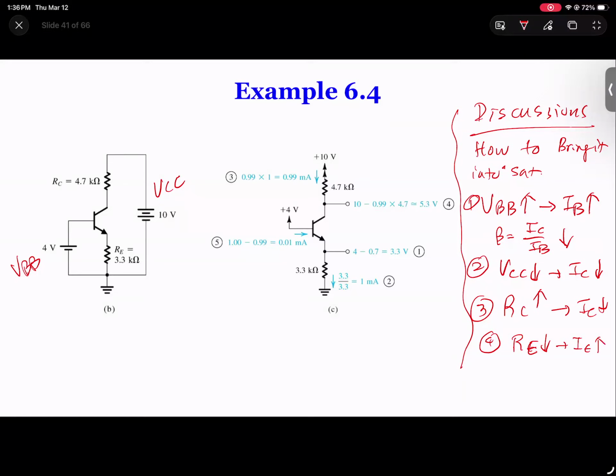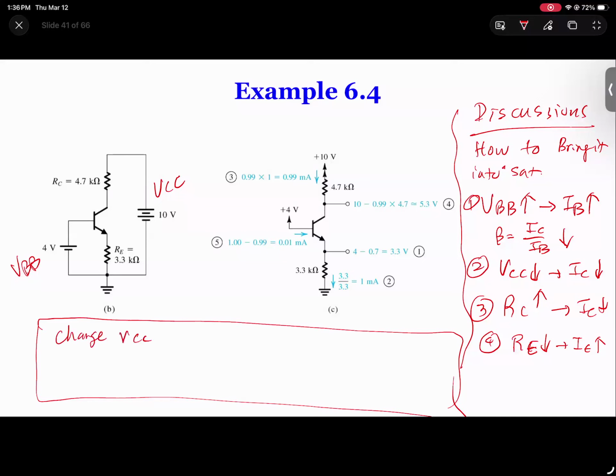If IE increases, IC doesn't change, IB increases, so therefore your beta will change. So now you have these 4 different ways of making this saturated. Now I want to make one case. We want to do the saturation mode. So I'm going to do a very bad example. I'm going to do VCC equal to 5 volts.